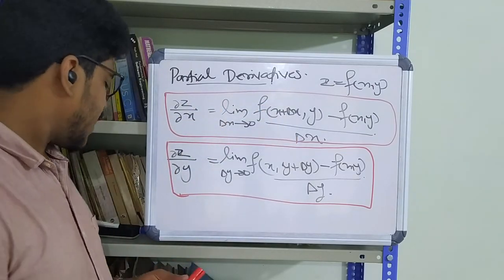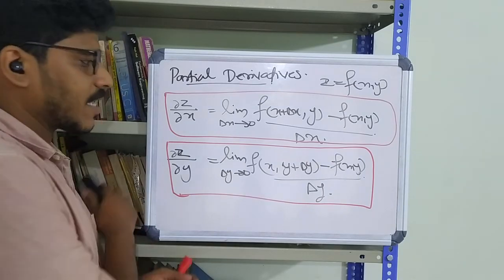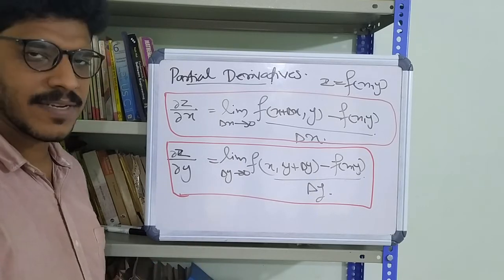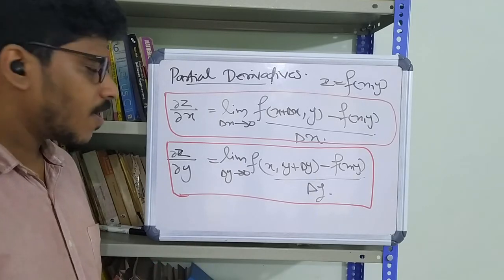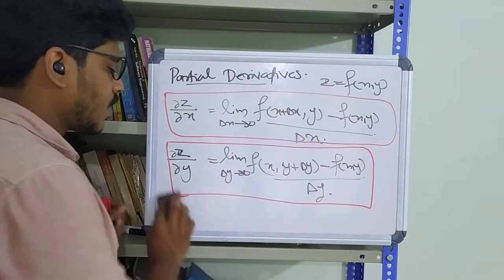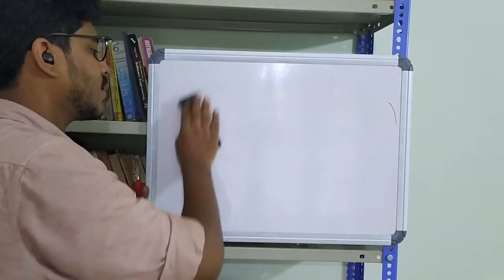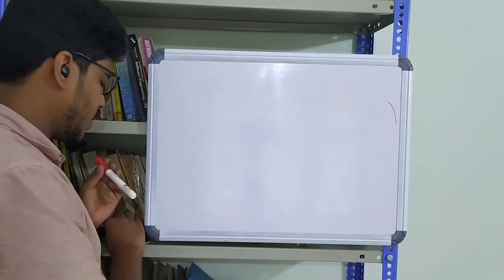Okay, but practically we will not be using these expressions to evaluate the partial derivatives. What we do to evaluate the partial derivatives in a practical sense is much simpler.